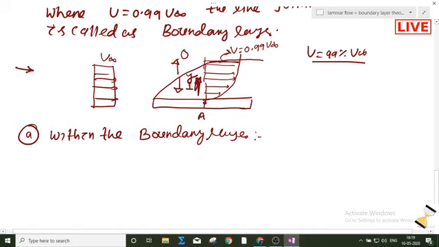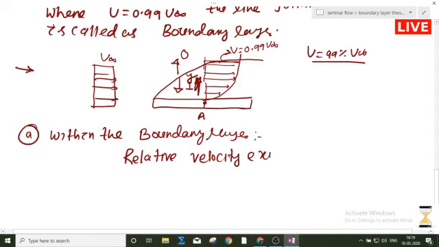The velocity of this layer will not be equal to that of that layer. So within this boundary layer, a relative velocity will exist. I mean I can say this du will exist, the change in velocity will exist.